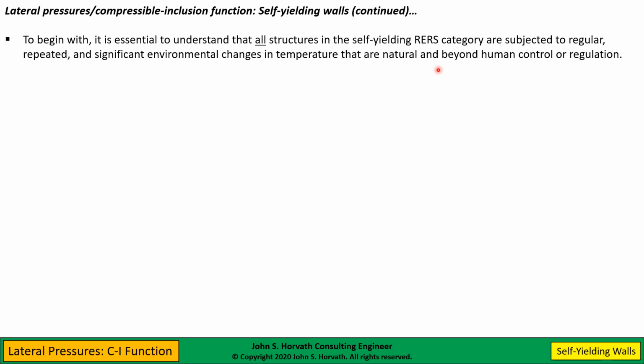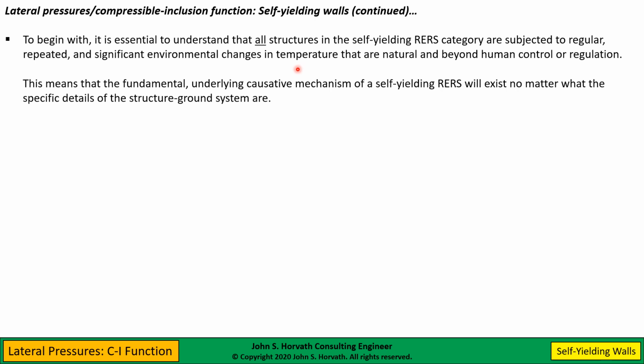We tend to forget that we can't change the inherent basic physics of the problem, which in this case is the seasonal temperature variation. So this means that the fundamental underlying causative mechanism, what makes a rigid earth retaining structure be self-yielding as opposed to yielding or non-yielding, this fundamental causative mechanism will exist no matter what the specific details of the structure ground system are. So, you know, you could change all the details, and I'll give you examples of what I'm talking about, but you can't change the fundamental underlying physics of the problem.